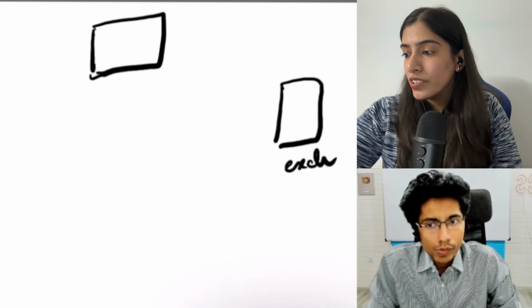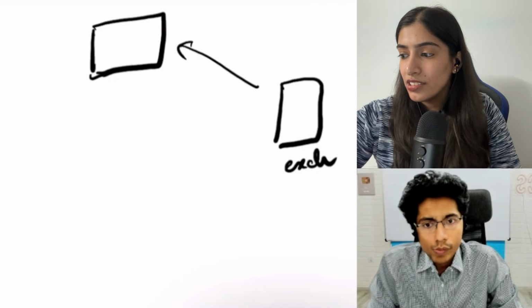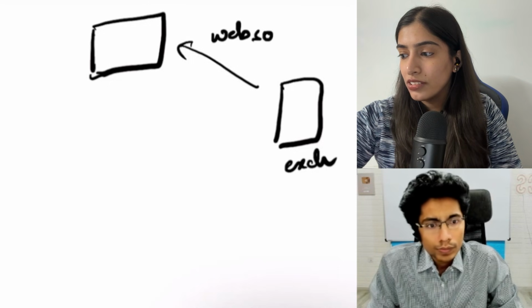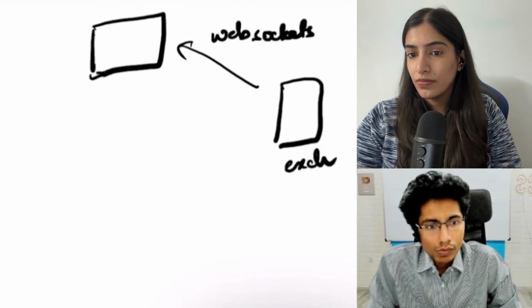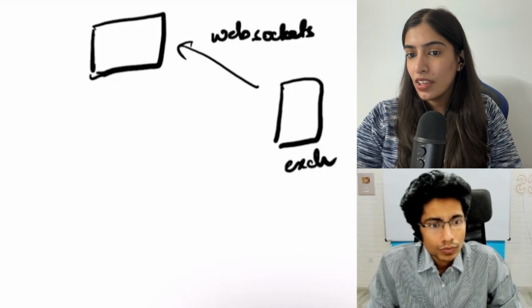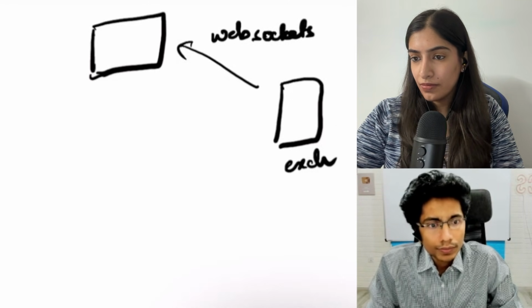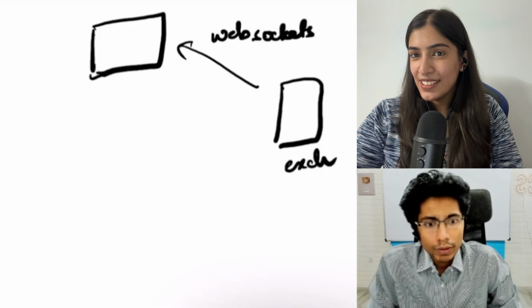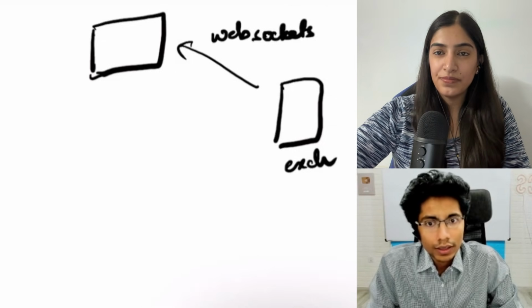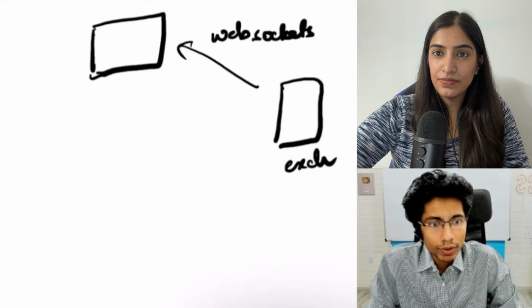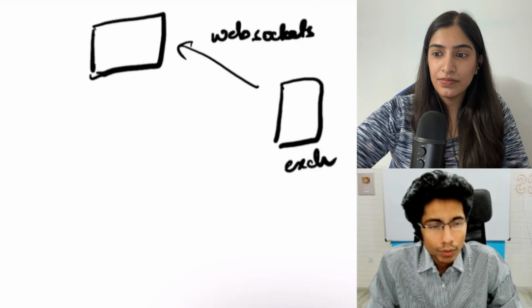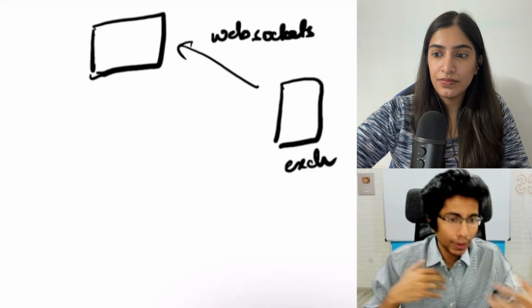So this part should obviously be done by WebSockets, according to me. What do you think? Well, WebSocket would be bidirectional communication. WebSocket also has this inherent thing that it's like I can speak anytime I want.